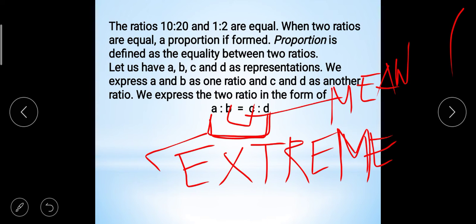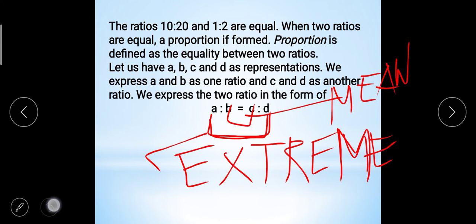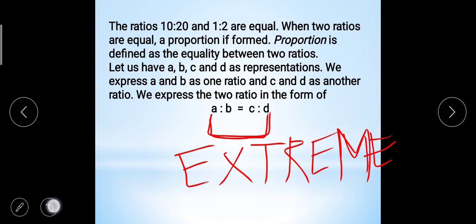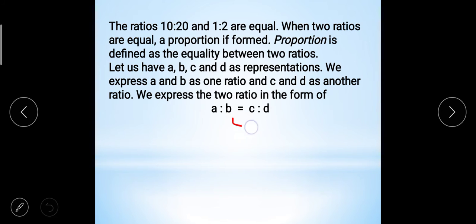So, we can continue. So, by the way, para malaman natin kung proportion yung dalawang ratio, we can identify it by multiplying the means and the extremes.